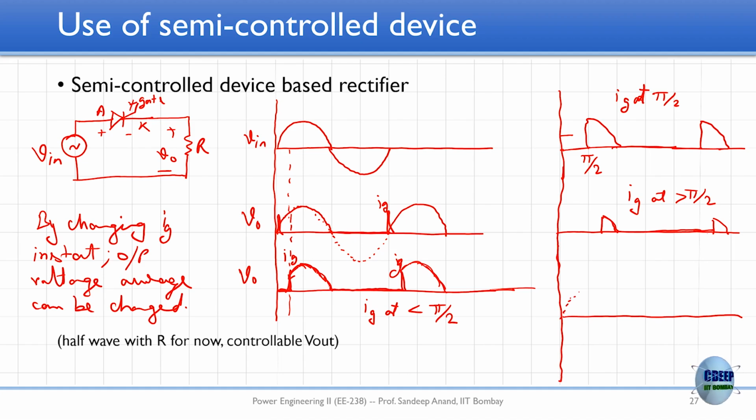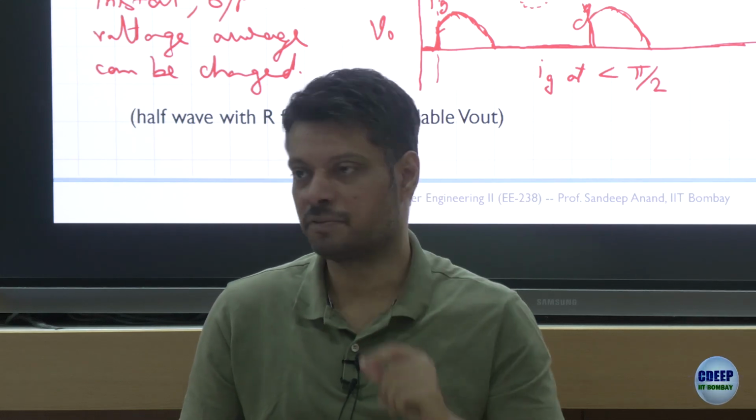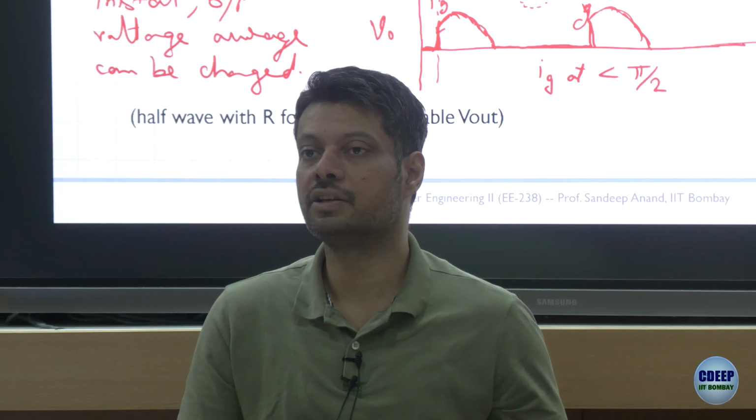Let's say this is the input voltage, and I want to draw the output voltage, and I am providing Ig at greater than pi by 2, which is at this instant, and of course I will provide it again in the next cycle also. How would you draw the output voltage waveform? Can you please give it a try? Draw it in your notebooks.